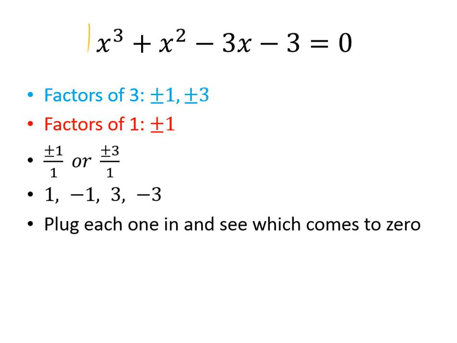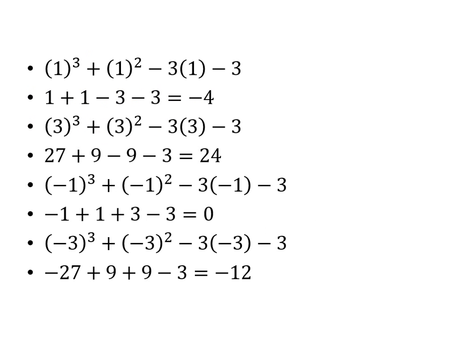Now what you're going to do with those is plug every single one into the x until you see one of them comes up with a 0. So as you see here, this is 1 being plugged in to every single one. Here's 3, negative 1, and negative 3.